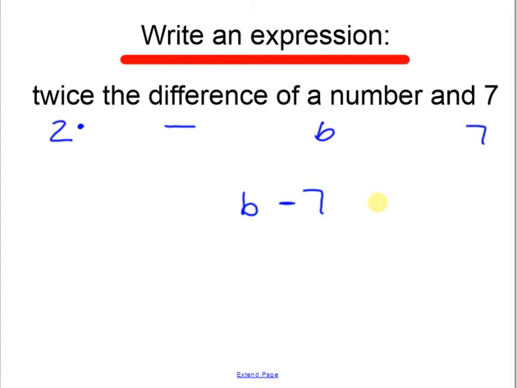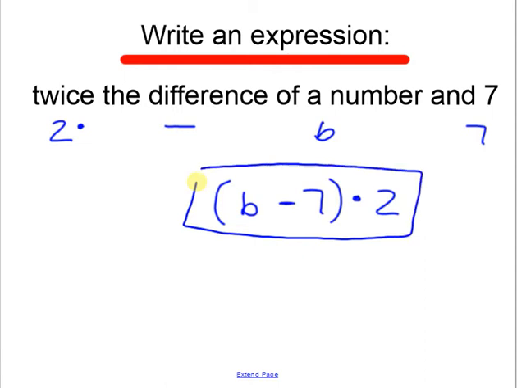So how do I make sure that I'm multiplying the entire thing by 2? Well, very easy. I put parentheses around it, and I multiply times 2. That way, whatever happens in the parentheses, the whole thing is being multiplied times 2.